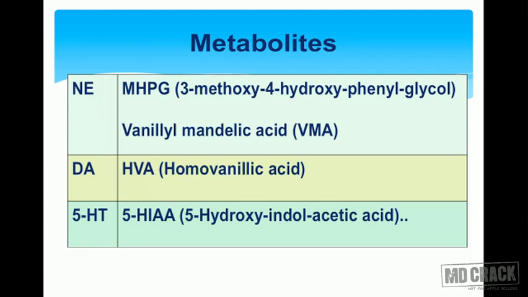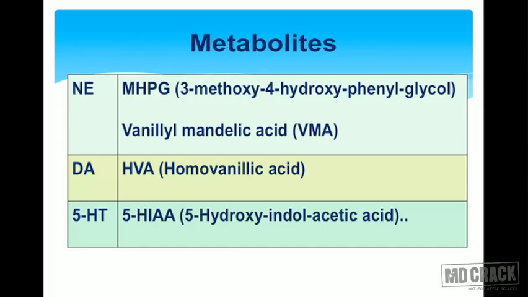Norepinephrine has two important metabolites. The first one is MHPG, that's 3-methoxy-4-hydroxyphenyl glycol. And the second important metabolite, I hope you know this, is vanillyl mandelic acid, or VMA. As far as dopamine is concerned, the important metabolite is HVA, or homovanillic acid.